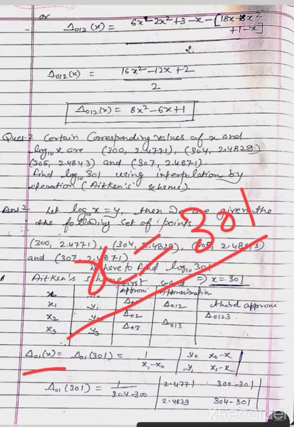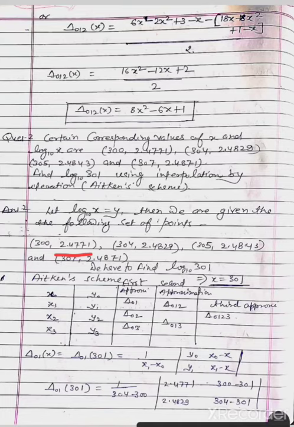is given by delta 01 at x. So putting the value x0 equals 300, it is given here, and x1 is 304, and y0 value is given.